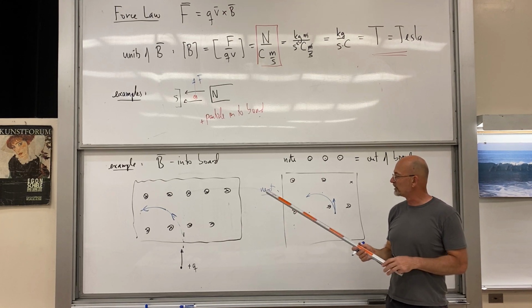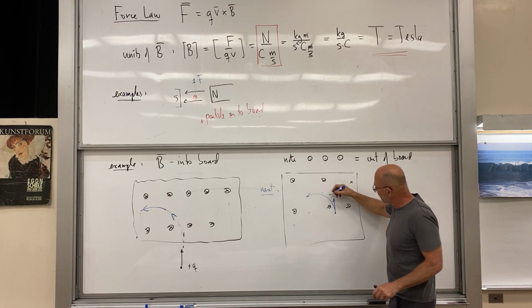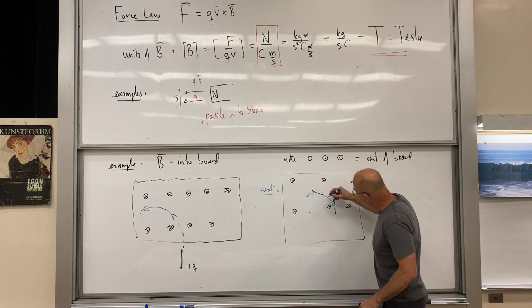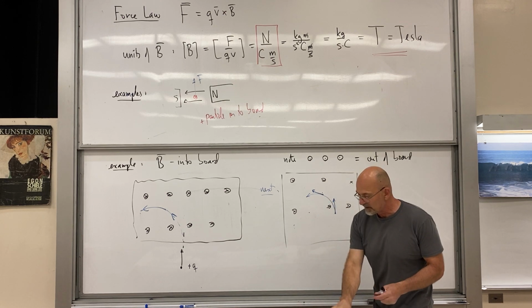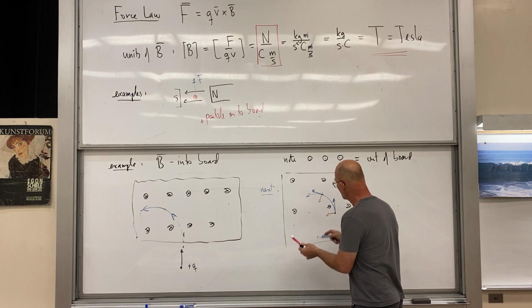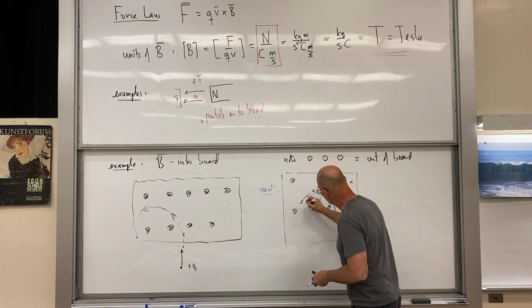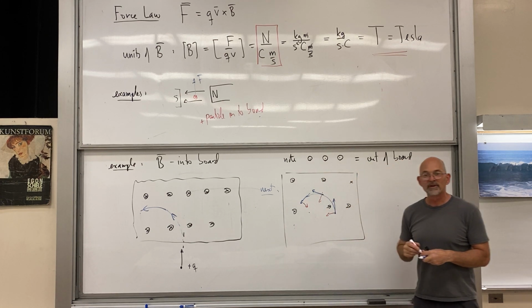The force is perpendicular to V. So at this point, there's your velocity. The force is always towards the center. Let's do some red arrows here. Force gets over here, right? Force, and what are you looking at? You're looking at centripetal motion.